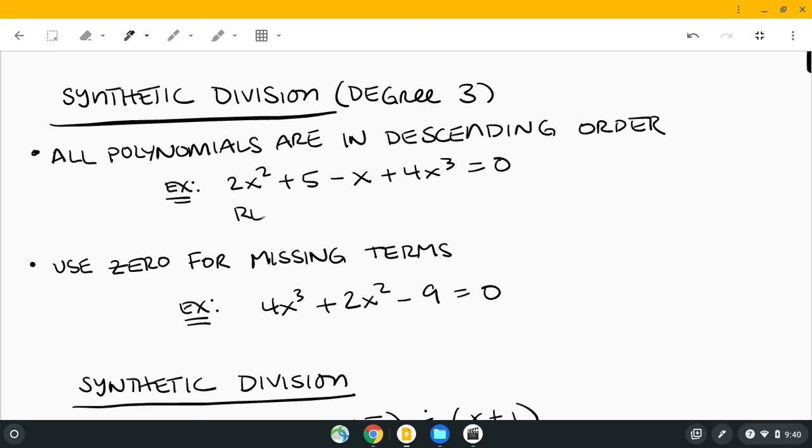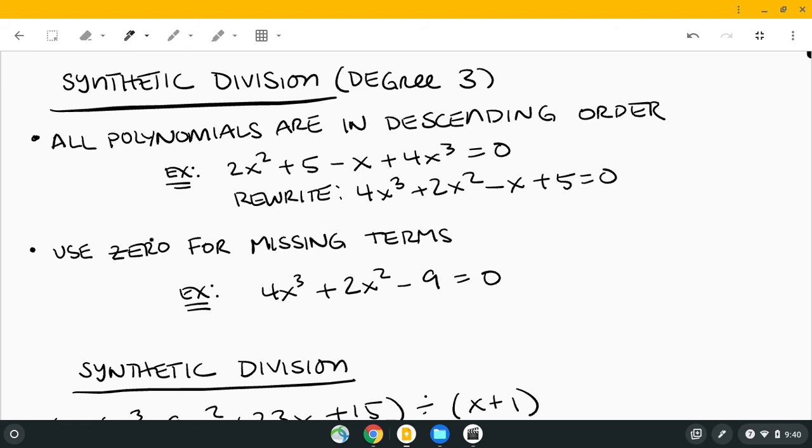So you would have to rewrite this, starting with the x cubed, and then the x squared, and then the x, and then the constant. That's how you rewrite it in descending order: highest exponent first, and then descend.